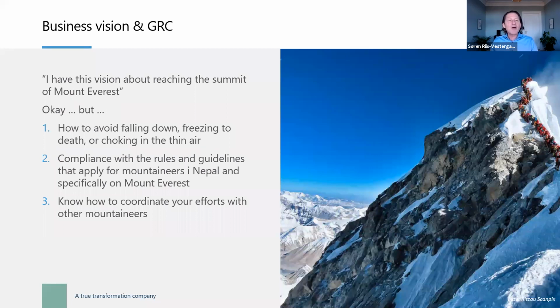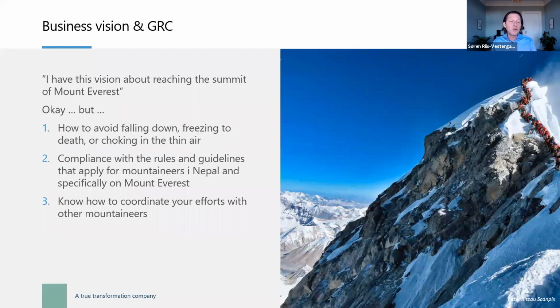So it's about having a vision about reaching the summit of Mount Everest, but also how do we avoid falling down, freezing to death, choking in the thin air, risks that are inherent in reaching the summit, and also about being in compliance with any rules and guidelines that apply for mountaineers in Nepal.